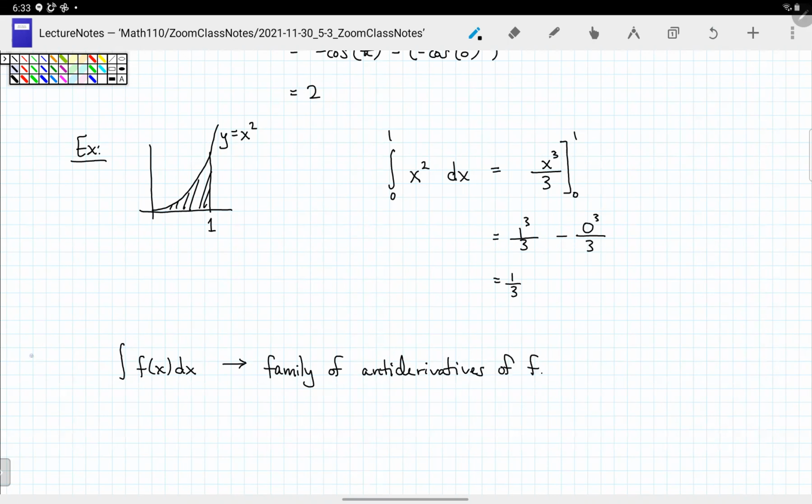Okay, so this is what we call an indefinite integral. And a definite integral is where we specify some interval of integration. And this is going to be that accumulated signed area.